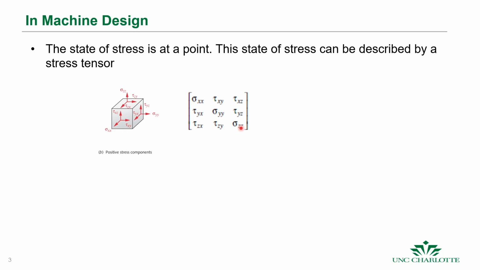But we have our stresses on the faces. Those are our normal stresses, and then we have the stresses that are along the face, and those are our shear stresses. So the first element denotes the face and then the direction.